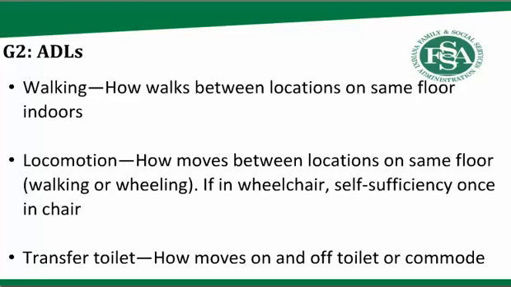This one looks at toilet. And this was removed in the instrument. In an earlier version, they did have transfers from bed to chair, but they did remove it. And the thought was that the transfer to the toilet would capture this information. And I have to say it's a little controversial. I think a lot of people do not agree with it. I have to admit I'm one of them.